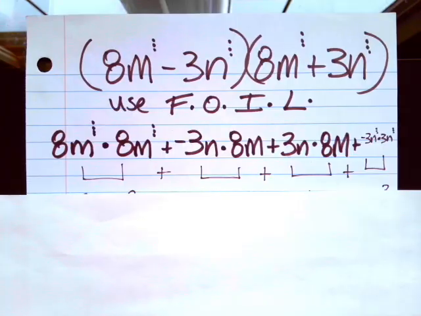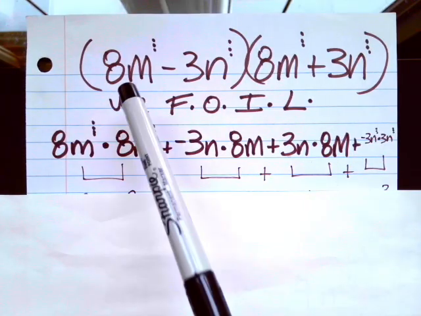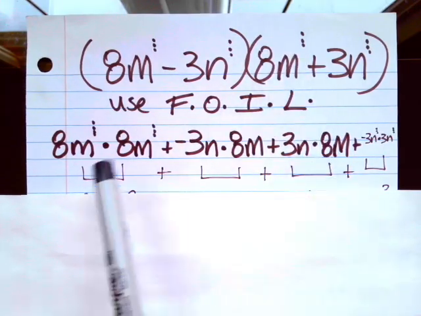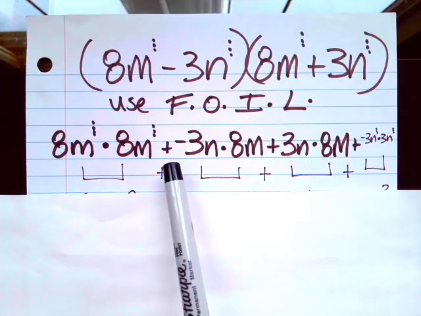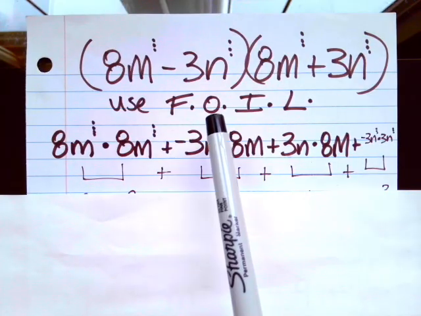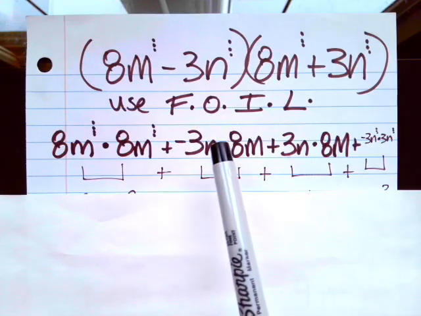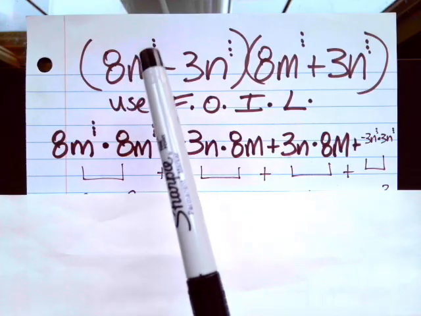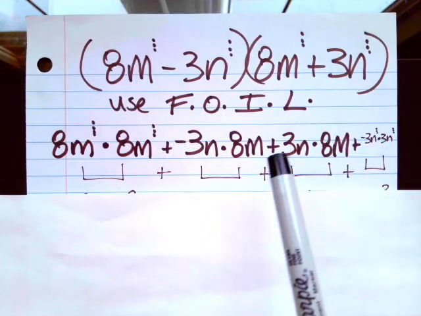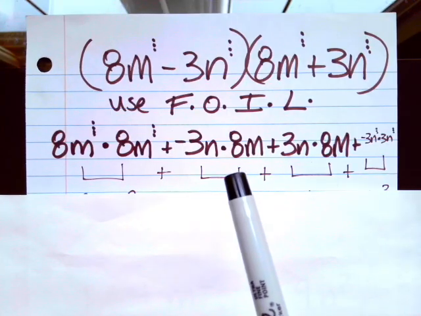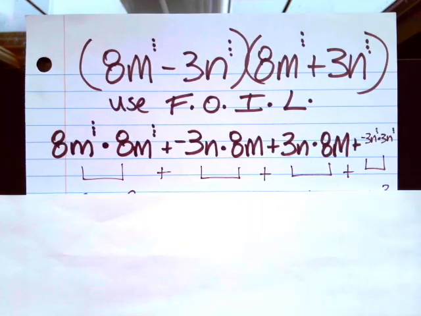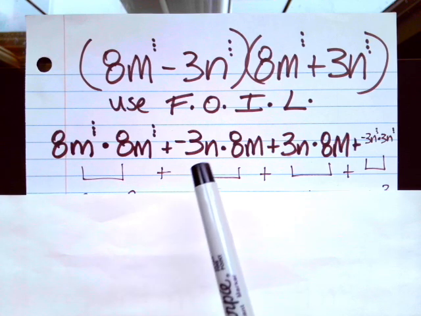This is our FOIL, first term times first term. 8m to the first power times 8m to the first power here, separated with a plus sign. Then the outer terms, 8m to the first power times that positive 3n. Oops, I made a mistake here.